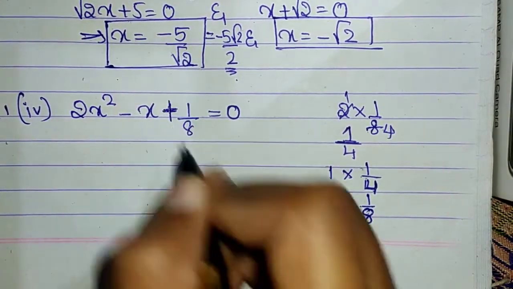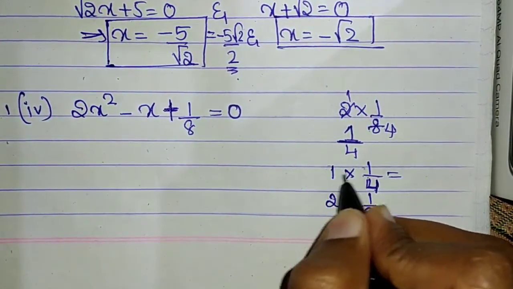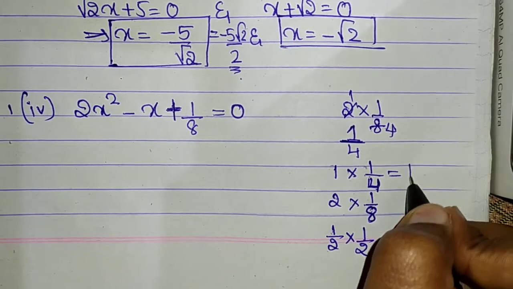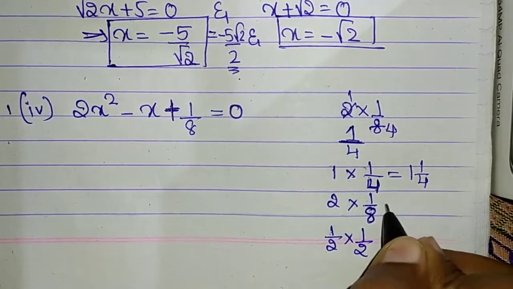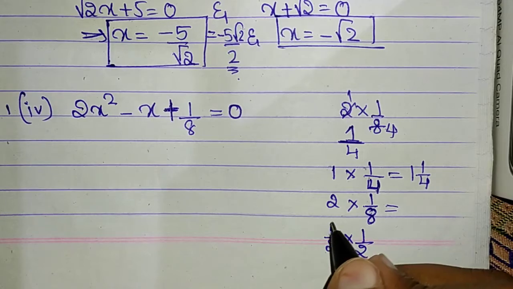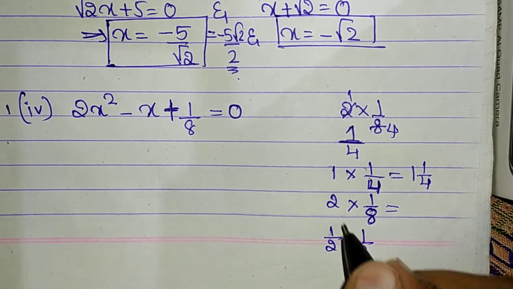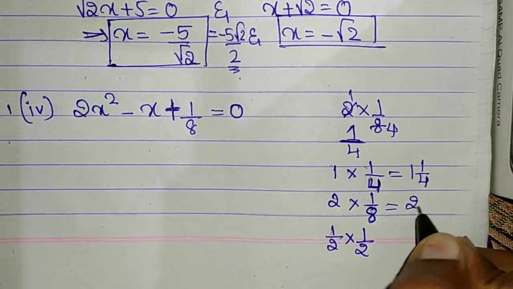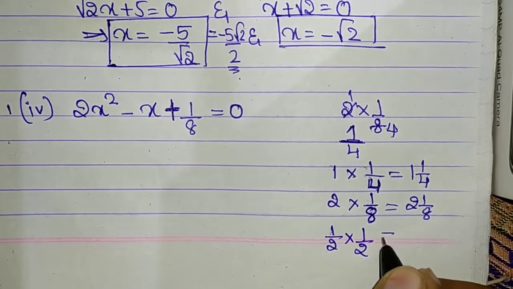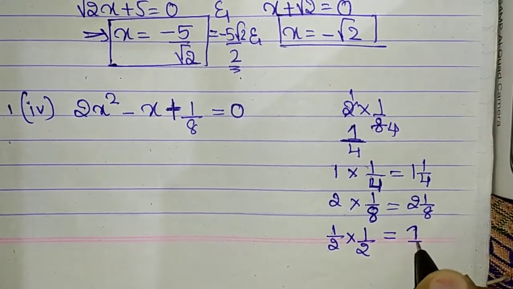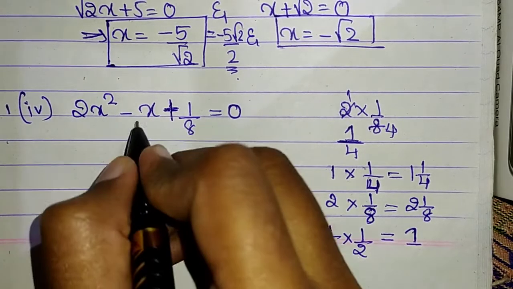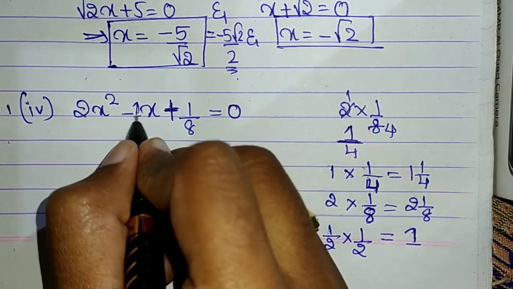The sign is plus. So if we add them, 1 plus 1 by 4, we get 5 by 4. 2 plus 1 by 8, 8 twos are 16, 16 plus 1, 17 by 8. And half plus half is 1. Here the middle term is obviously 1.